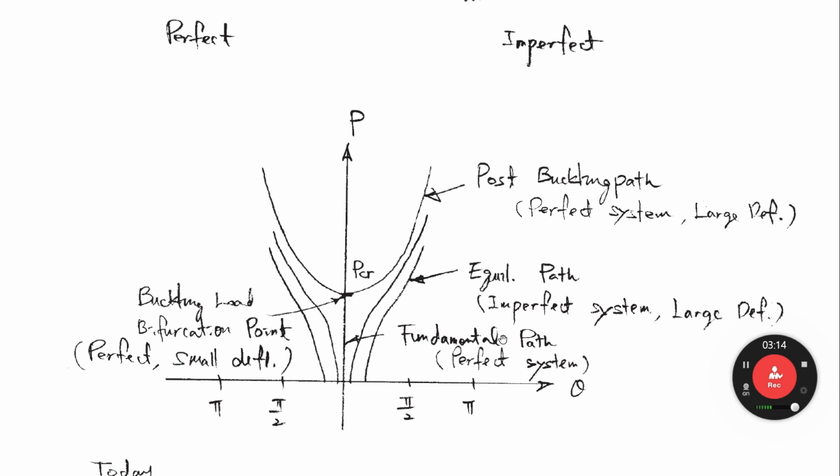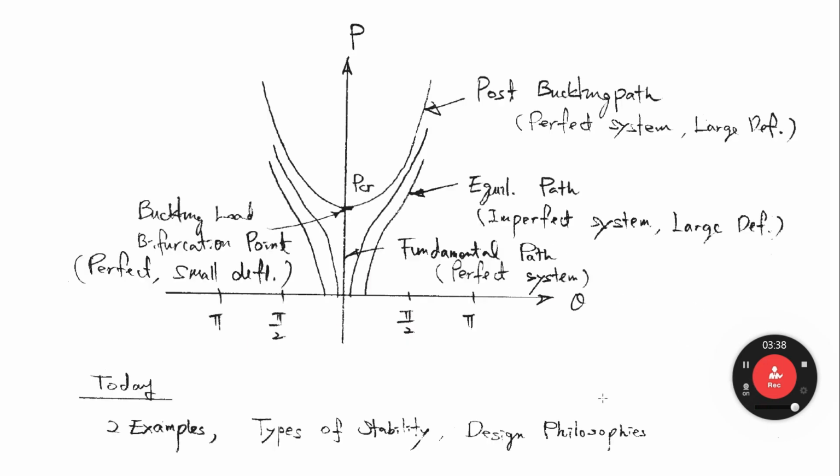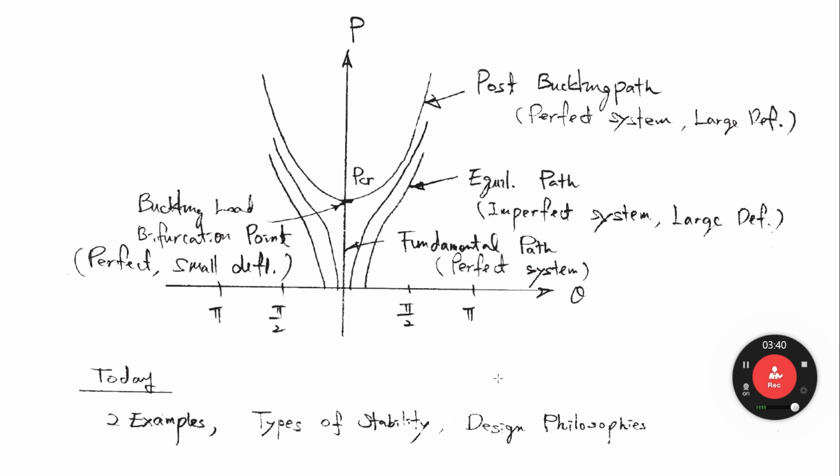If imperfect system, that means we have the original deformation when P equals 0, original imperfection. Okay? And then it is a large diffraction problem. So we call it equilibrium path. This week I'll show you two examples, and I also explain types of stability and design philosophies.